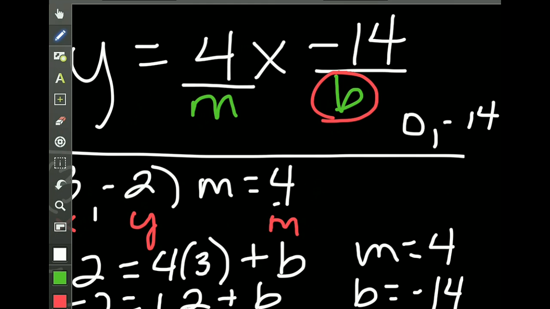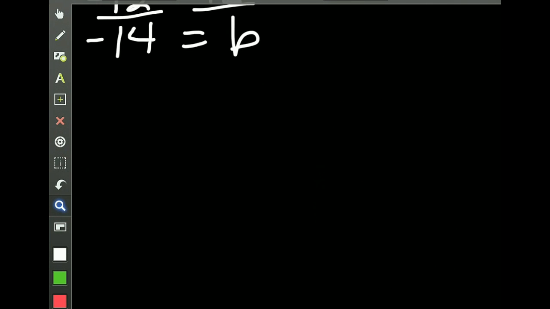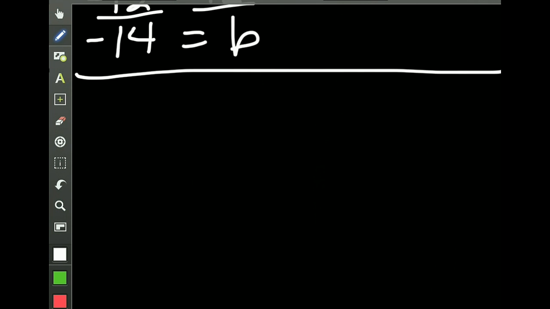Okay, let's do the same problem now, but we're going to use point slope form. Does anybody by chance remember what point slope form is? Are you talking about the one with the change in x over... No, that's slope formula. That's finding slope. John?